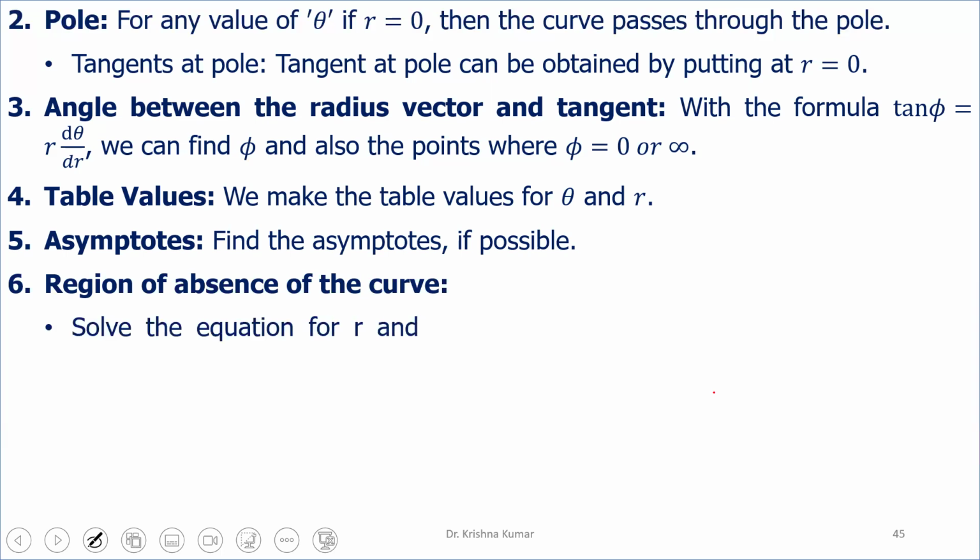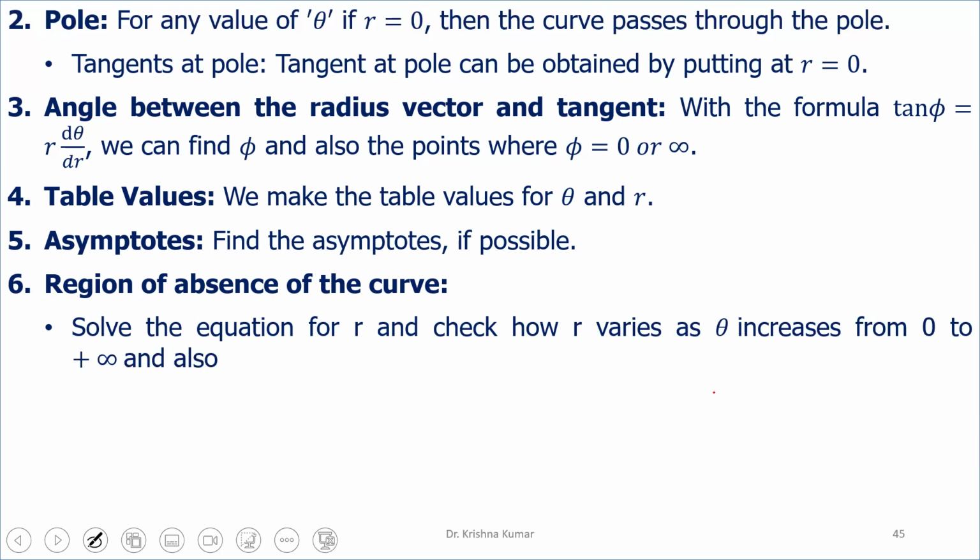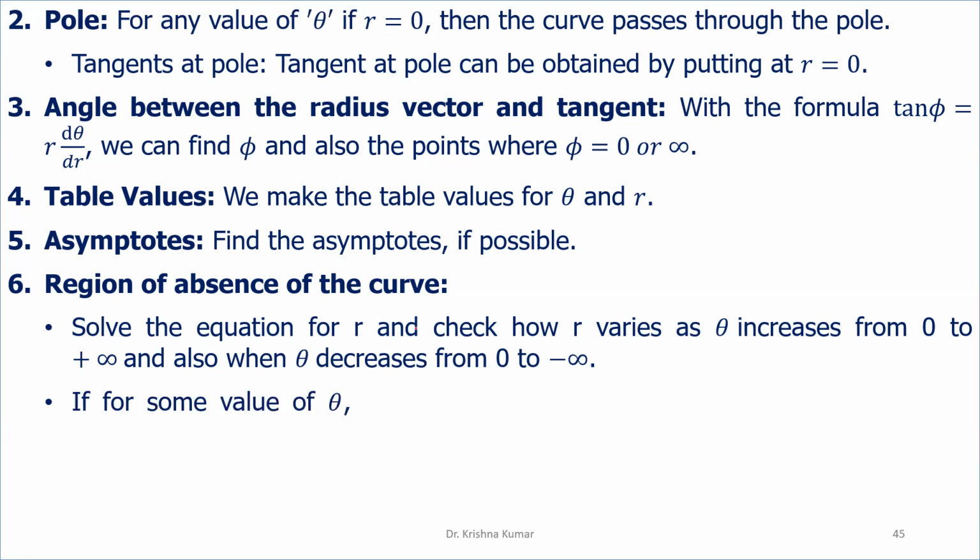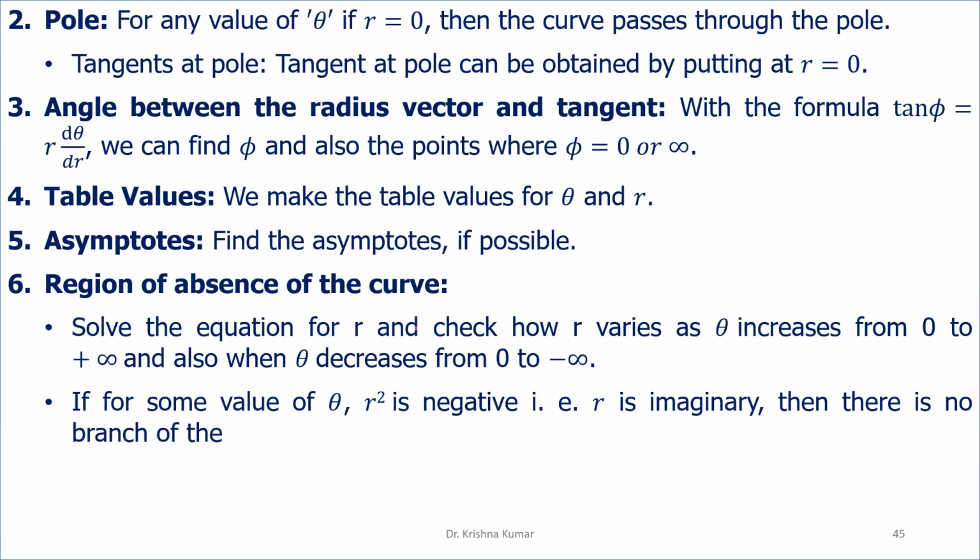Solve the equations for r and check how r varies as theta increases from 0 to plus infinity, and also when theta decreases from 0 to minus infinity. If for some values of theta r square is negative, that is, r is imaginary, then no branch of the curve exists for those values of theta.